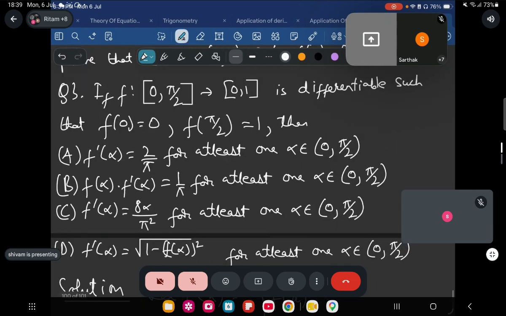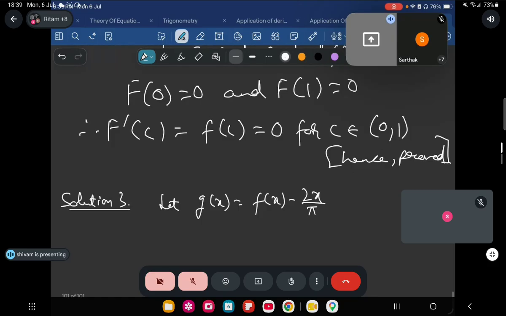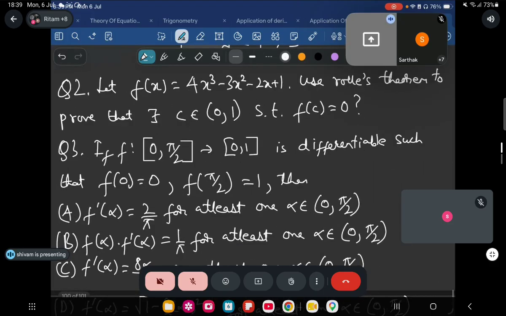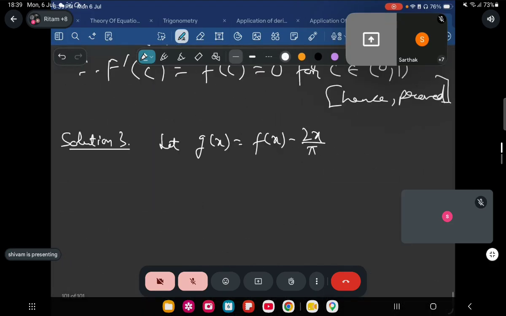Why? So that when you differentiate, you get g dash x is equal to f dash x minus 2 by pi. We just need to see whether Rolle's theorem will be applicable here or not. The interval we take is 0 to pi by 2.